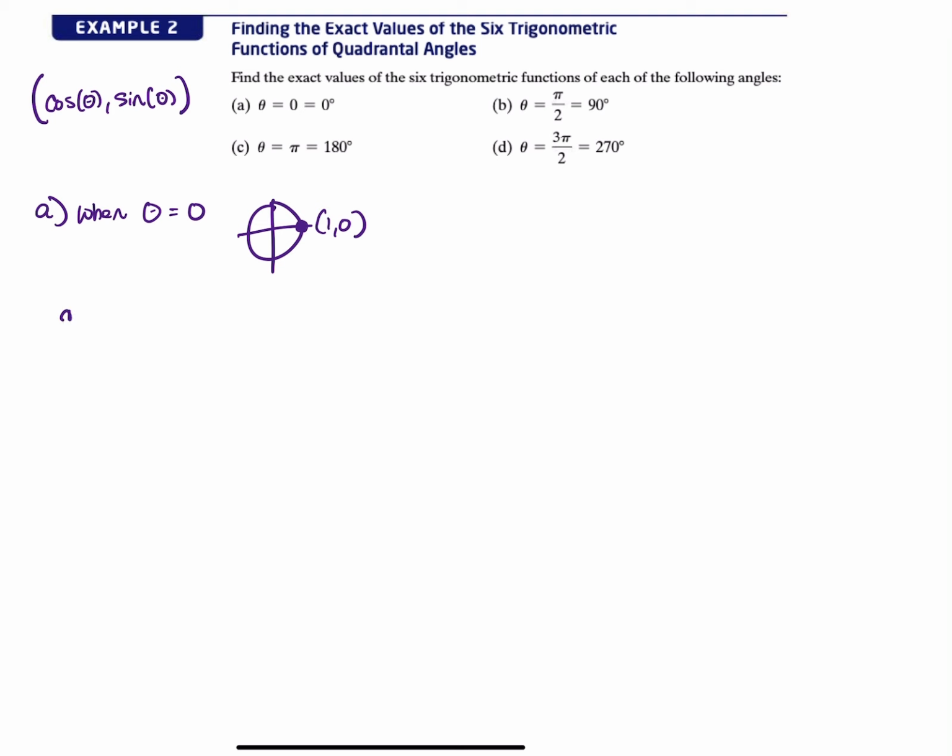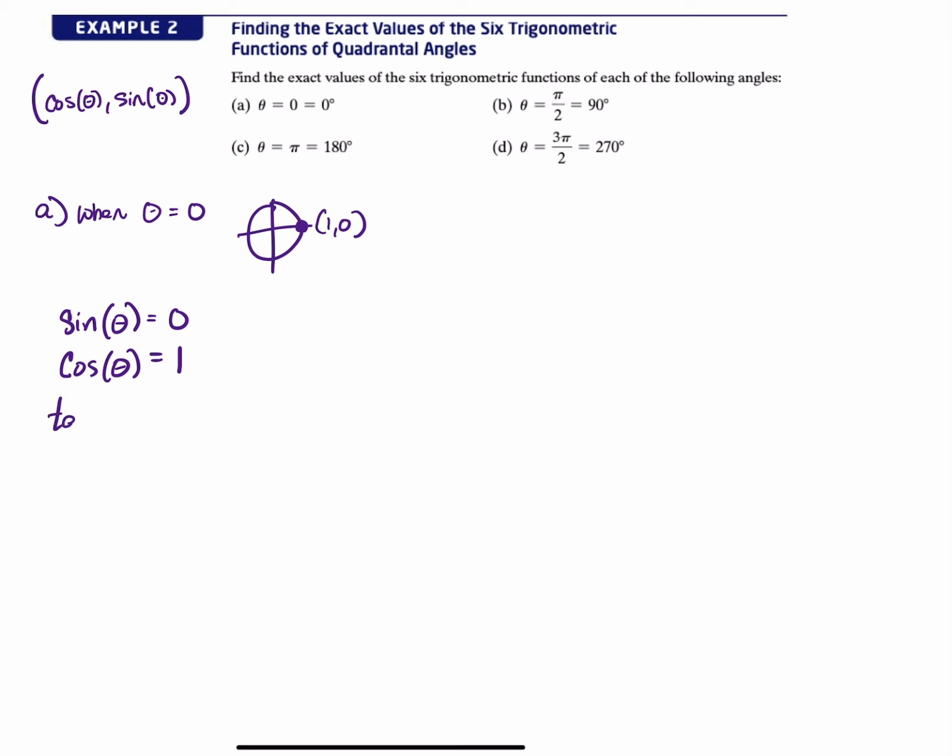So the sine of theta, when theta equals 0, is the y-coordinate here, so it's going to be equal to 0. The cosine is equal to the x-coordinate, so that will be equal to positive 1.